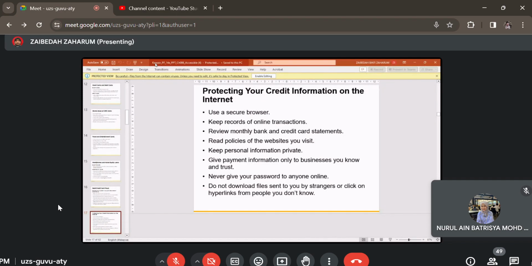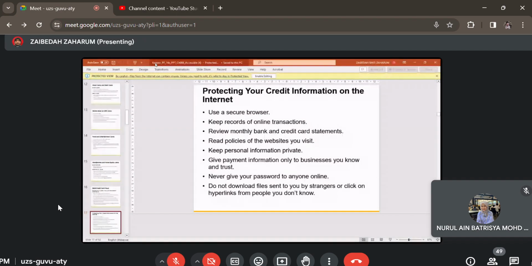Okay, now we go to protecting your credit information on the internet. Yang ini paling kita kena jagalah, all those our credit information dekat internet. Okay, so especially bila you buat pembelian secara online, tu you kena jagalah. Okay, first use a secure browser, tu yang penting lah, and then keep record of online transaction.